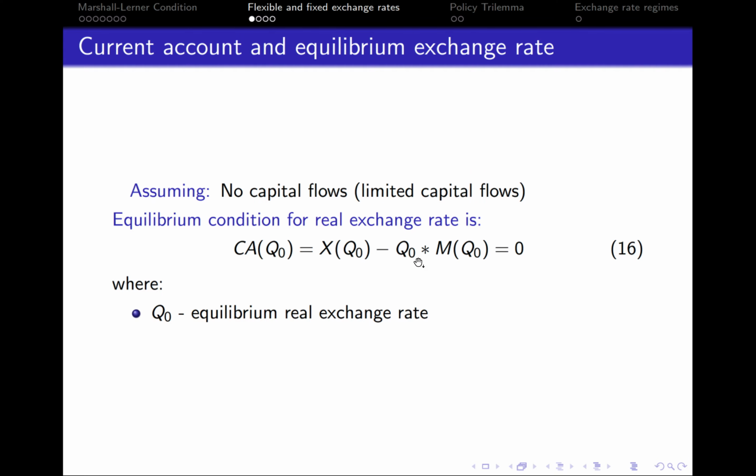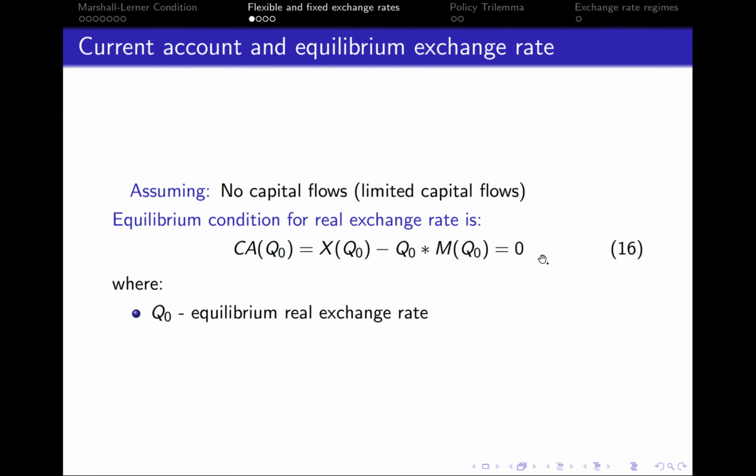It assures us that even though we are selling more and buying less, we pay more for what we buy, and in the end, the current account closes at zero.